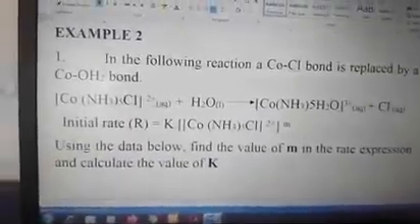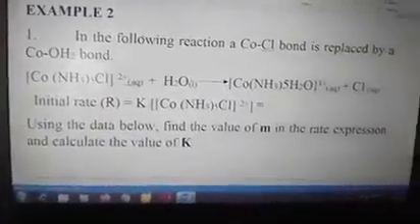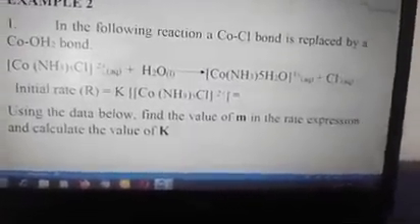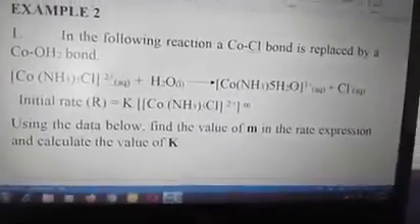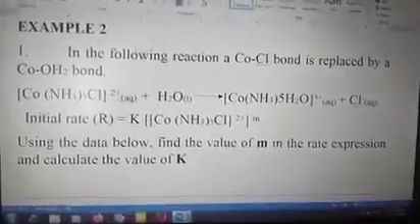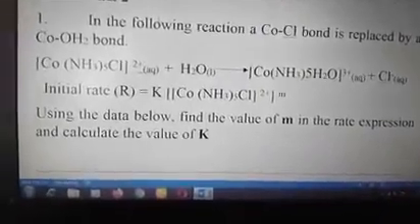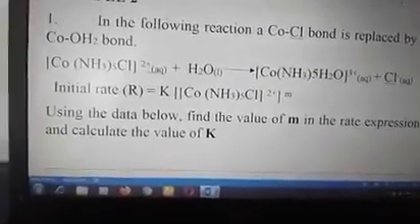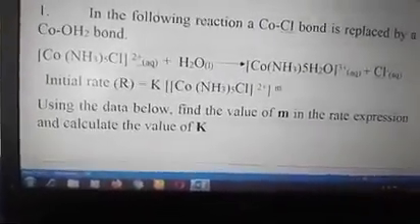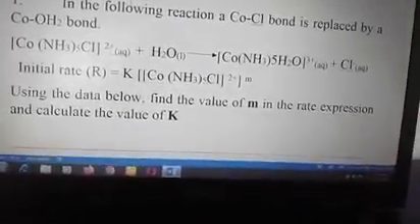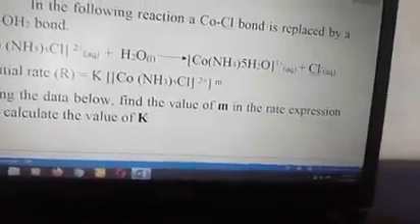For better understanding, we'll go through example 2 again. In the following reaction, a cobalt chloride bond is replaced by a cobalt water bond. You can see the equation of the cobalt ammonia chloride complex reacting with water to give us the product, the cobalt ammonia and water complex, and then chloride ion formed.